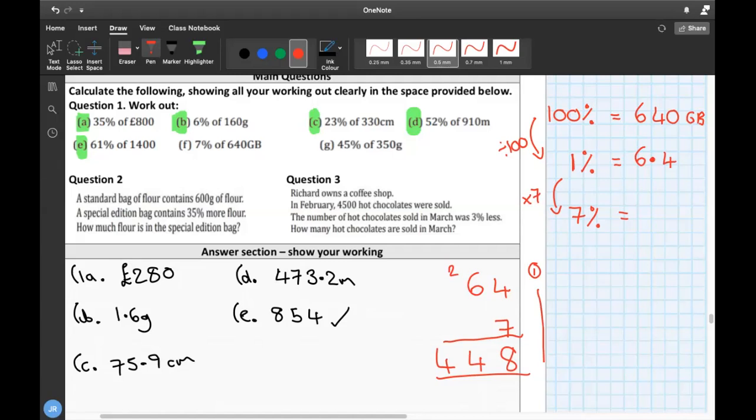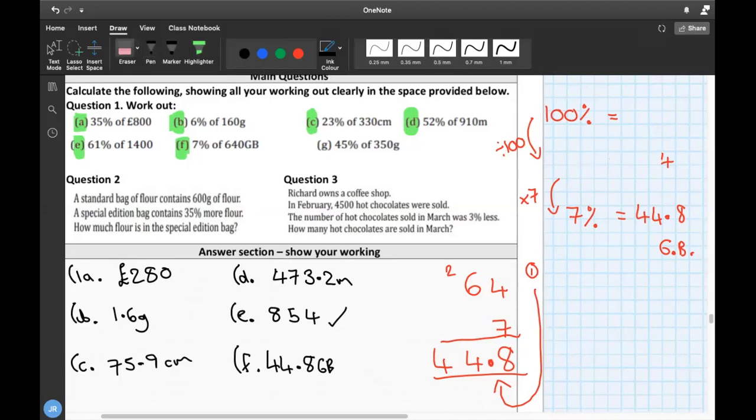I put that one decimal place back in. And 7% is 44.8 gigabytes, GB. Okay. That was question F that we were on there. And the final answer there, 44.8 gigabytes, GB.